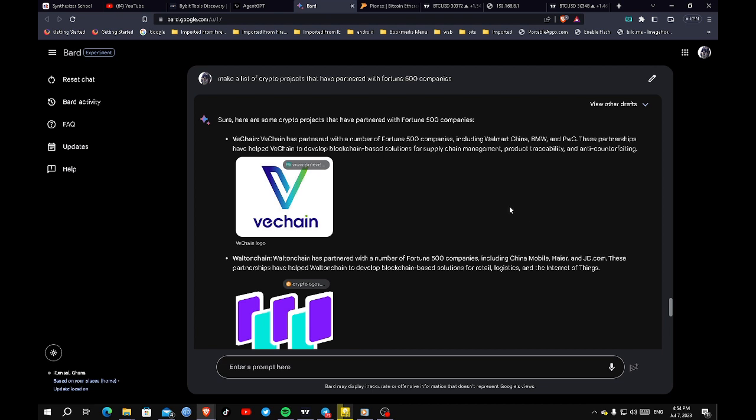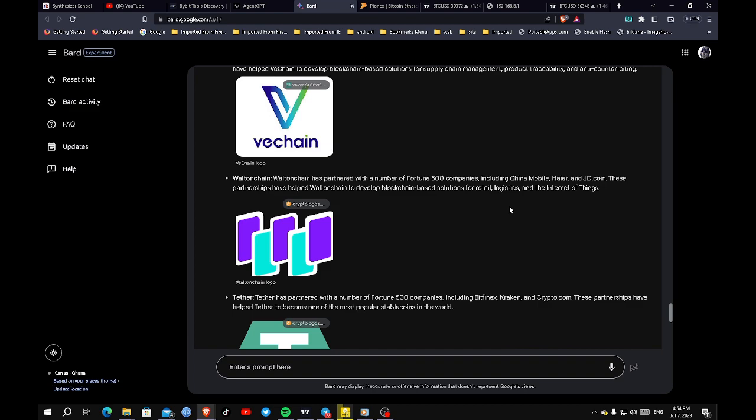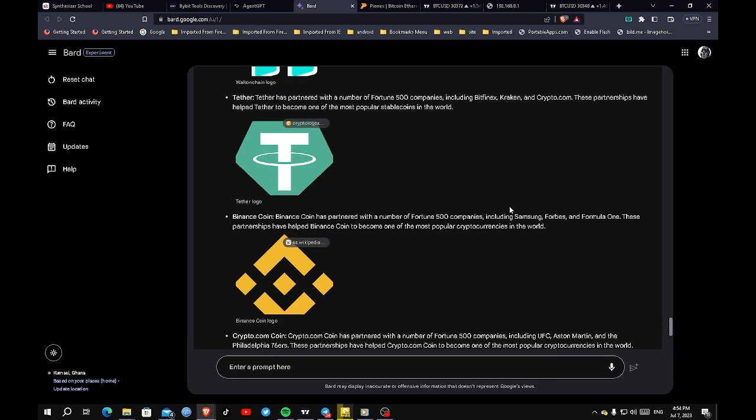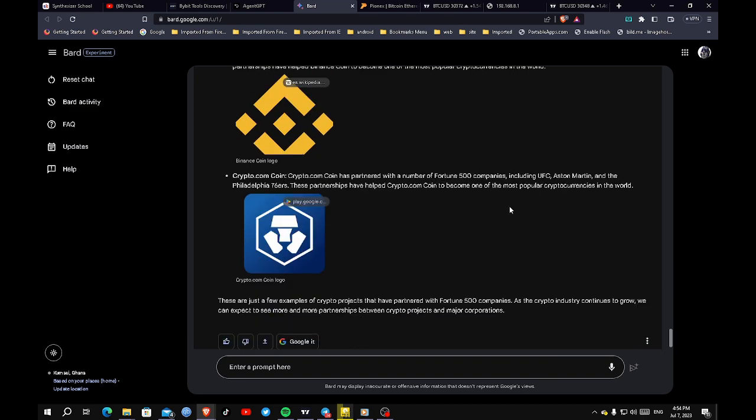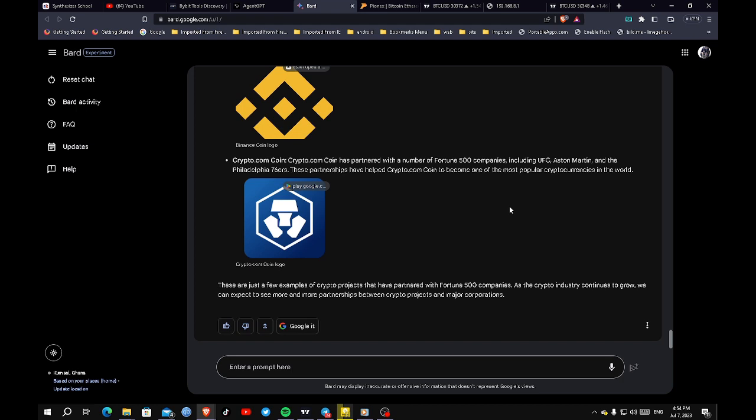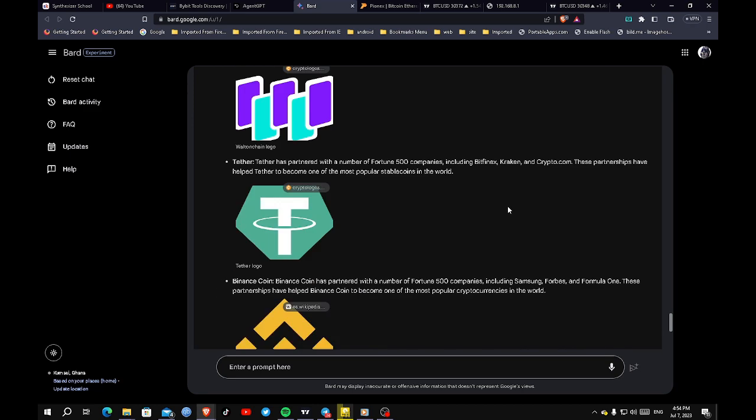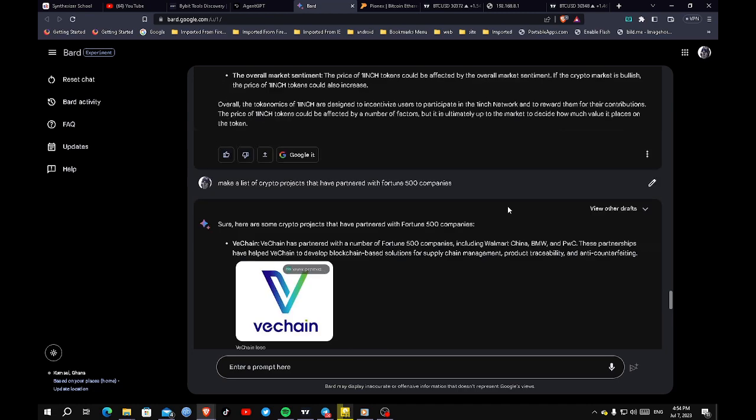So it lists VeChain, Walton Chain, Tether, Binance Coin, Crypto.com, and also says that these are just a few examples of the crypto projects that have partnered with Fortune 500 companies.